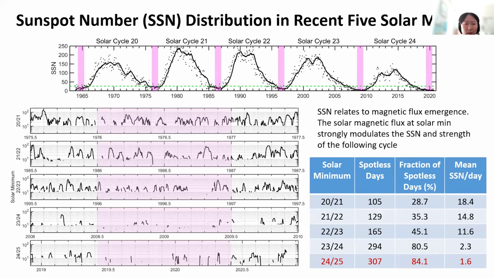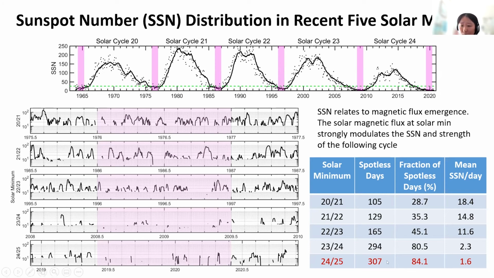Okay, here is a diagram showing the sunspot number in log scale for the last 5 solar minima. This is 2 years around the minimum, and the magenta region is for 1 year that will be used throughout the presentation for the statistical comparison.